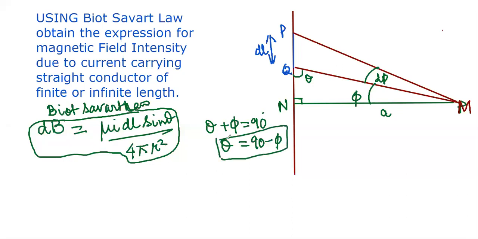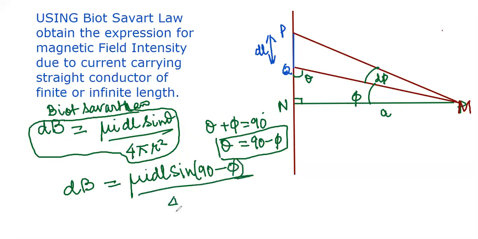If I replace this value of theta in the equation of dB, what shall I get? dB is equal to mu I dl sine of 90 minus phi divided by 4 pi r square. We have taken the current directed like this, so this is the direction of our current I flowing through this conductor.